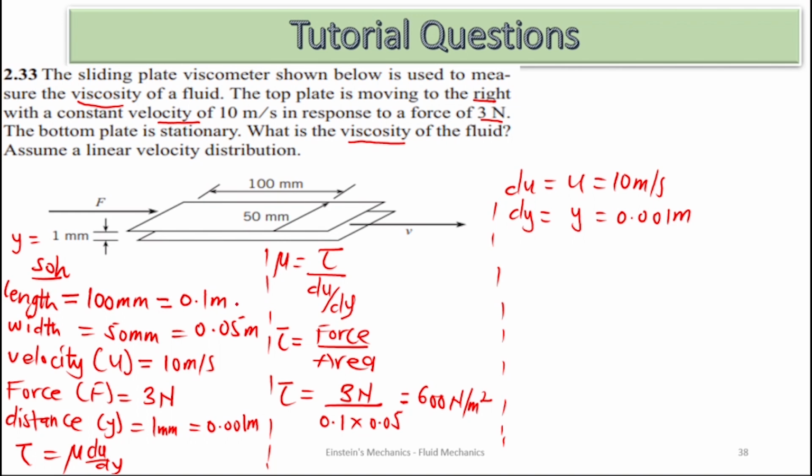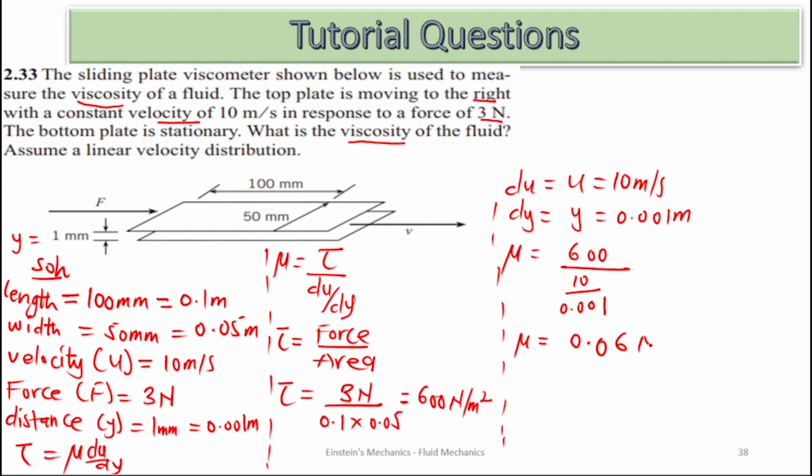I'm working everything in meters, so you should also work everything in meters. I can now input my values: the viscometer is measuring a viscosity where the shear is 600 on my du, which is 10, on dy, which is 0.001. This gives me a viscosity of 0.06.